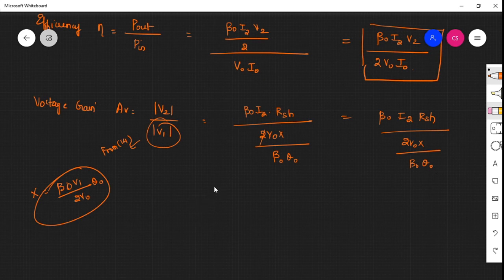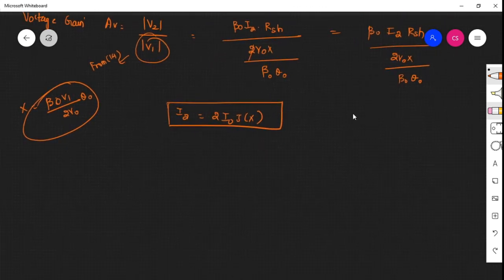Now this output value of current I2 can be written as 2 I naught into J of X, because as I told you earlier, the current is a function of the Bessel function. It is bunching of electrons and it follows a sinusoidal distribution. So we define the current in terms of the Bessel function, and we can substitute in place of I2.